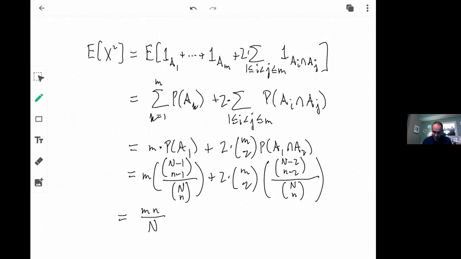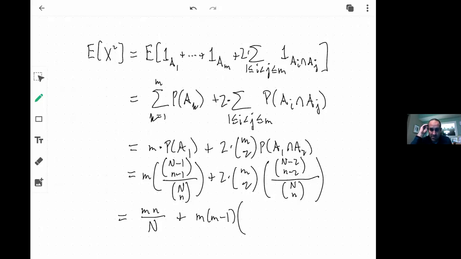Once I do all of my cancellation, the 2 is just going to cancel the denominator from m choose 2, the 2 factorial. And the m minus 2 factorial is going to cancel everything except for the m times m minus 1 upstairs. So this is going to be m times m minus 1. What do I get from the second factor? Capital N minus 2 minus little n minus 2 is still capital N minus little n factorial, so those cancel completely.